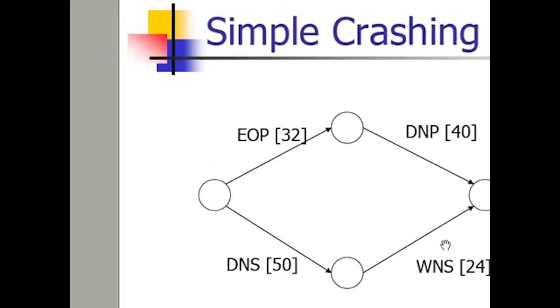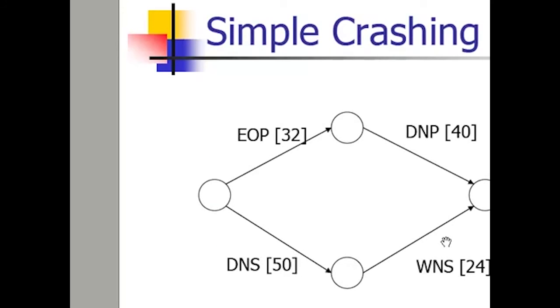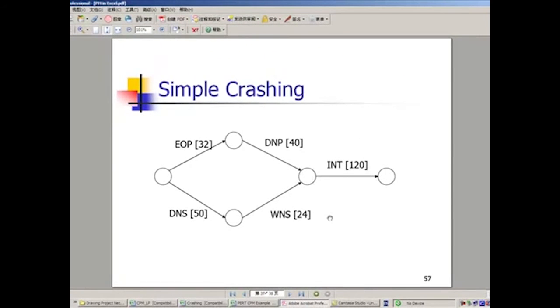Pay attention here, although later on we will see how to use the LP model to find the optimal solution of which activity to crash by how many units of time.